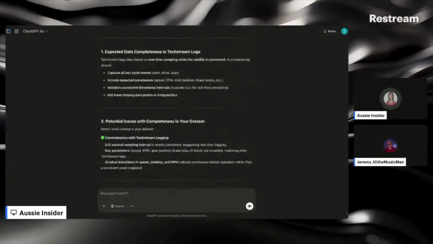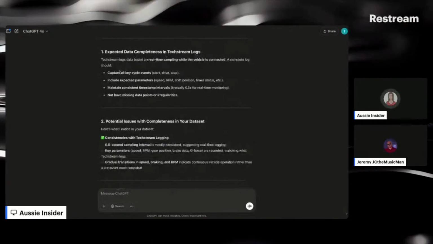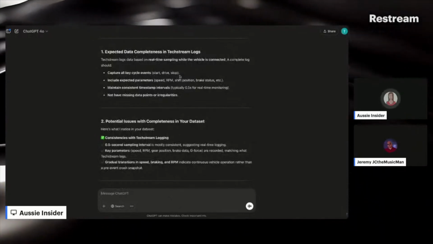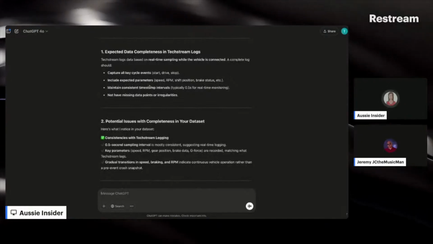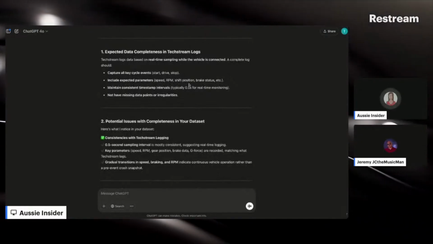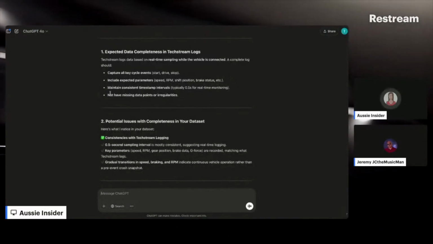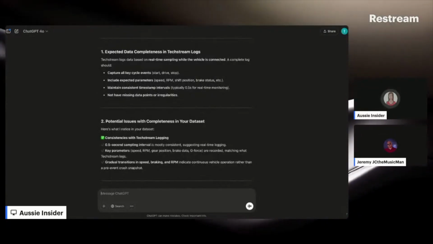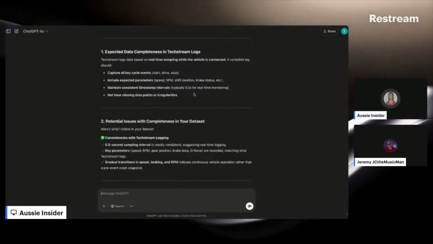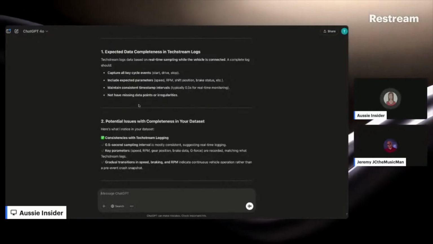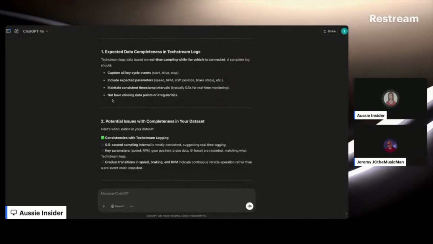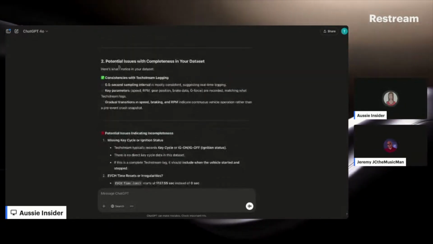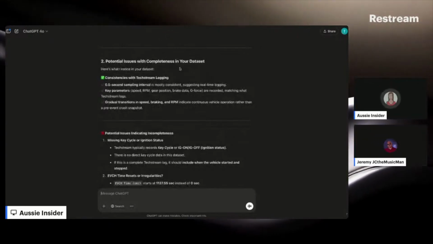The expected data completeness in TechStream logs would capture all the key cycle events, start, drive, stop, include expected parameters, speed, RPM, shift position, brake position, and maintain constant timestamp intervals, which we don't have here, typically 0.5 seconds for real-time monitoring, and not have missing data points or irregularities. Two potential issues with completeness in your data set.